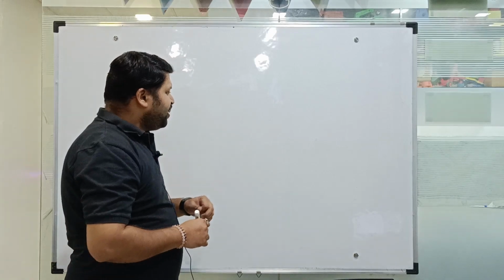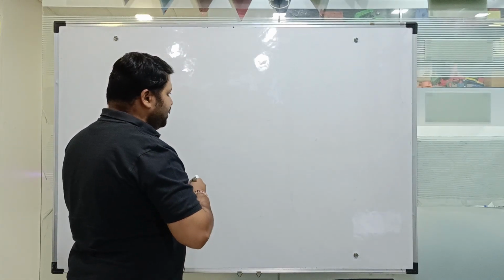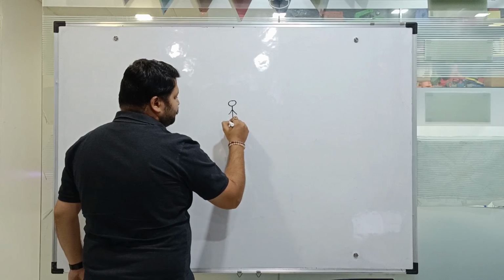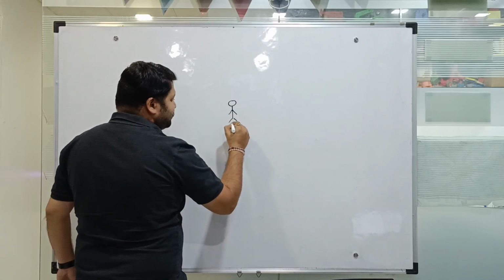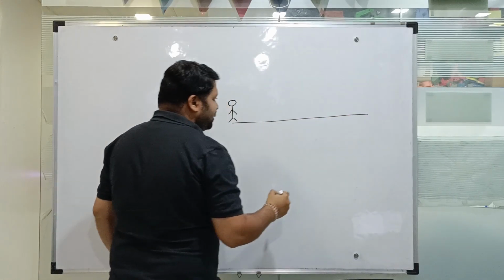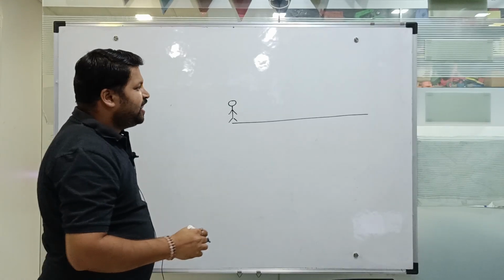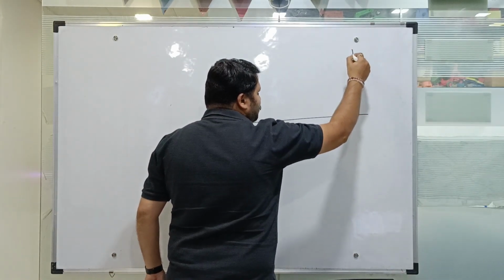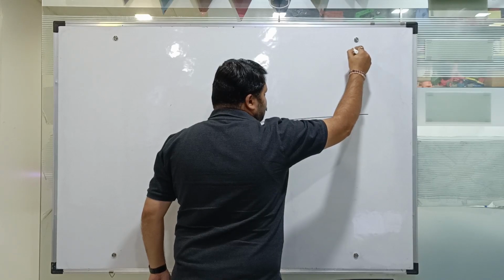Say I have a person here. There are 3 things that we need to understand. We have a person here and he is looking at a tower up here. There is a flag on the tower and he's looking at the flag.